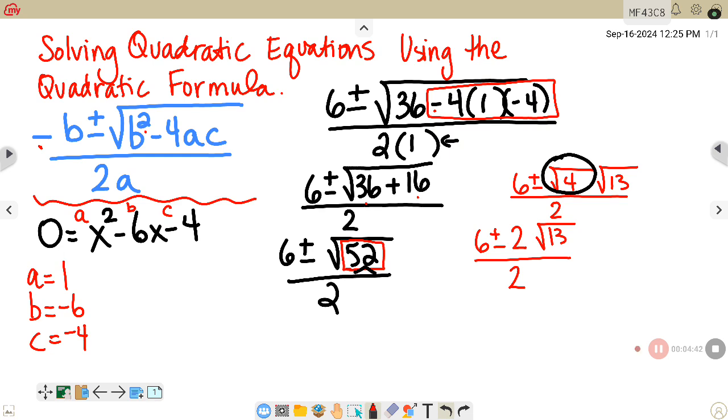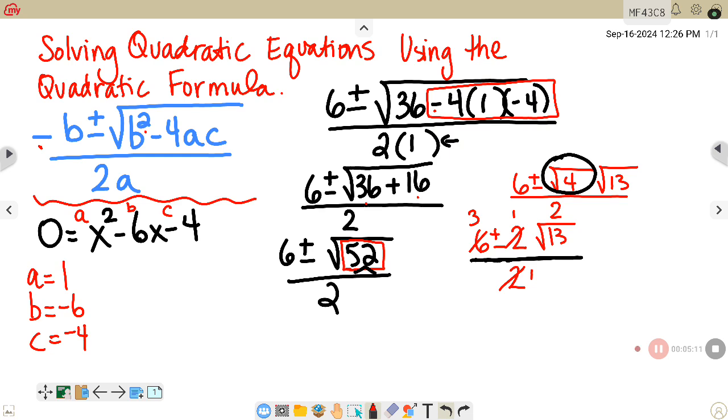And the very last step is to simplify this fraction. This line right here of a fraction means divided by. So if I'm dividing each of those top numbers by 2, I can do that evenly. I'm dividing everybody by 2, so I'm going to have a 3 there, a 1 there, and a 1 there. So let's look at how this looks.